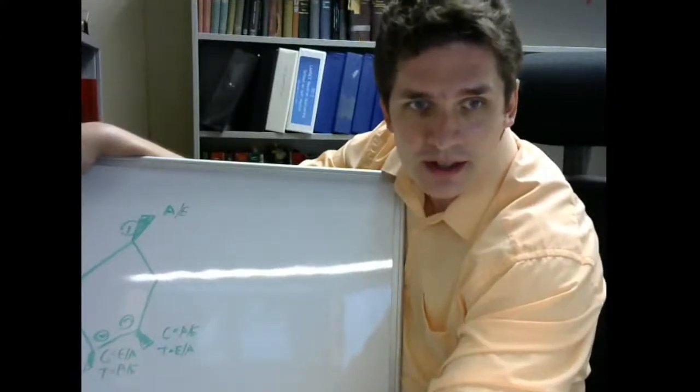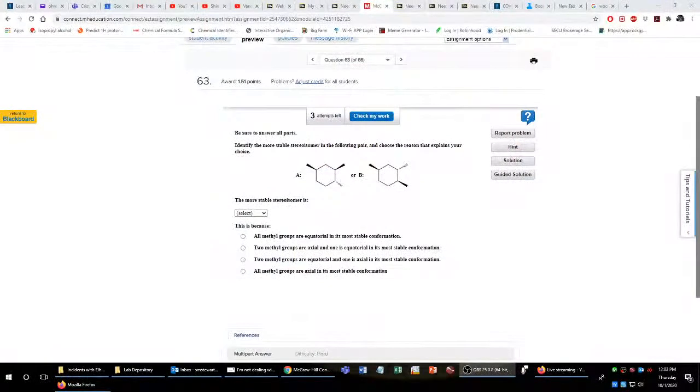So we go back to the desktop. We have 2 positions. So we have the first one where we have relative to the first, first one's cis, one's trans, cis.